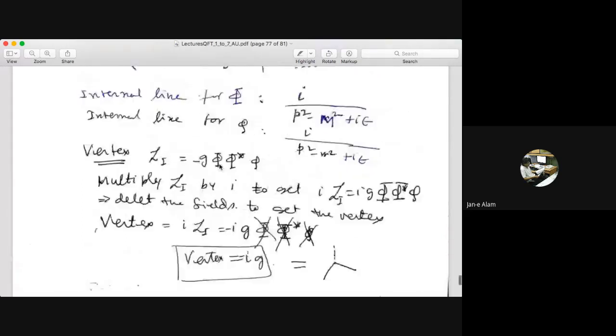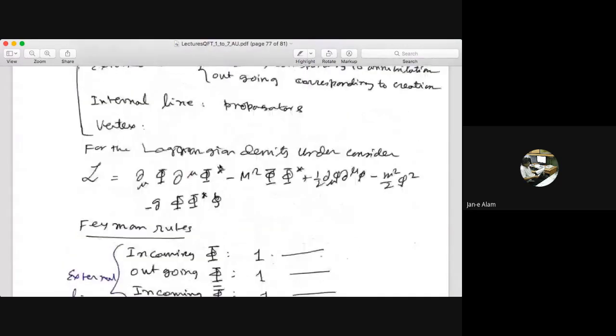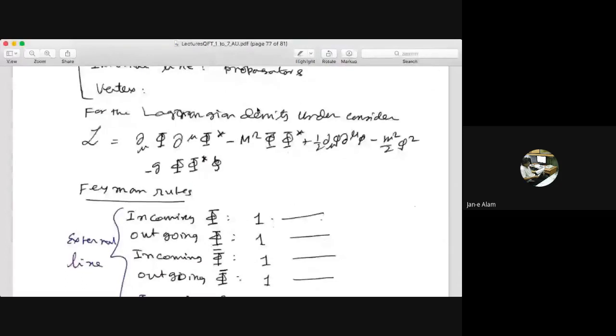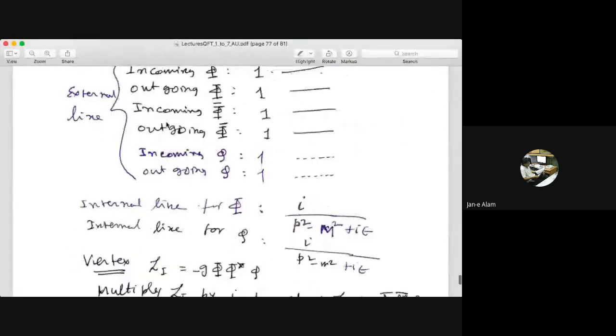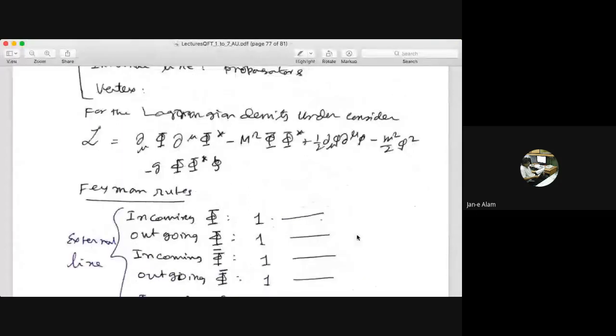Let me repeat. This is very important, that now you should be feeling confident that within a Lagrangian I should be able to diagnose. How? Because the free part of the Lagrangian always gives you the propagator. That is the internal line. We have got it, right? And then the external line you got, as I explained, from the expansion in terms of annihilation and creation operators, the magnitude of the external lines.